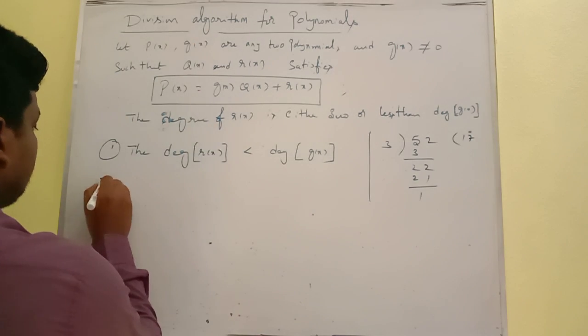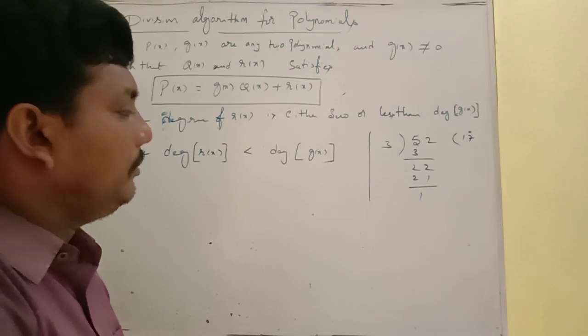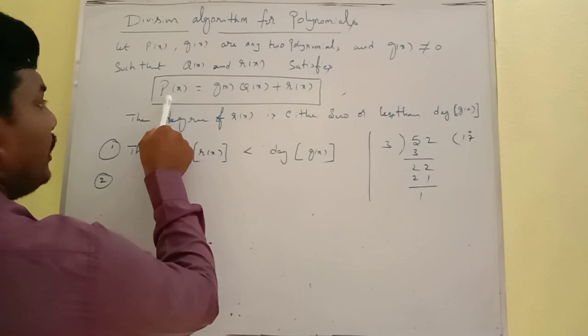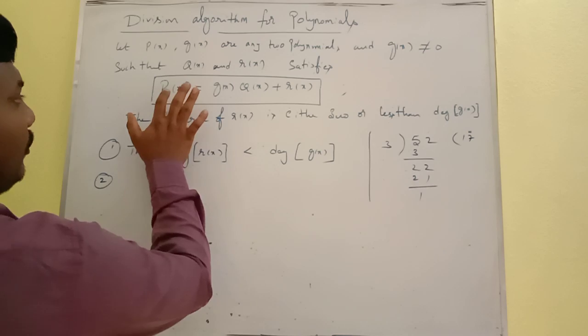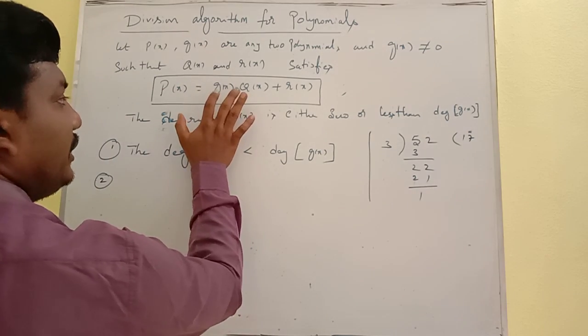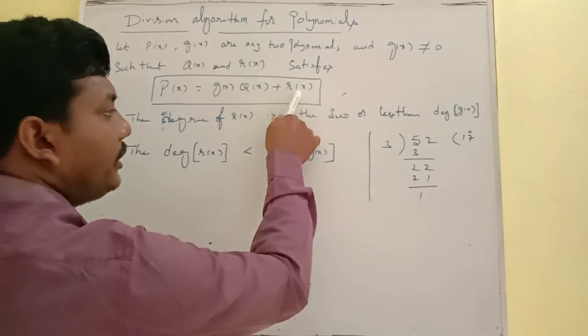Now the second point we have to remember: the degree of p of x depends only on the degree of g of x and the degree of q of x. So why not the degree of r of x?